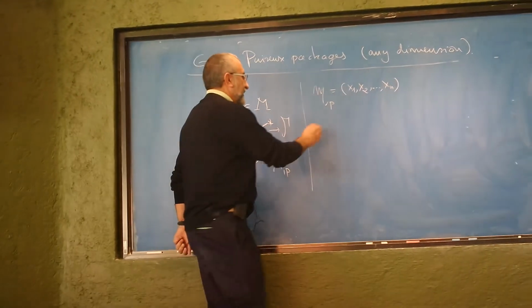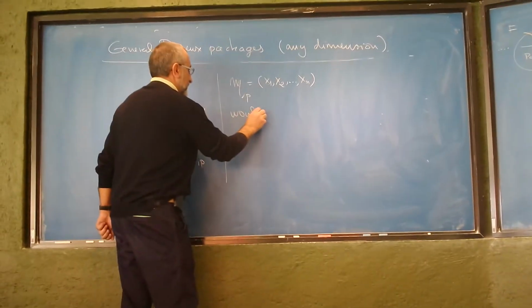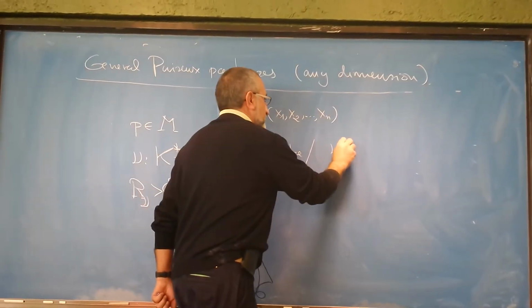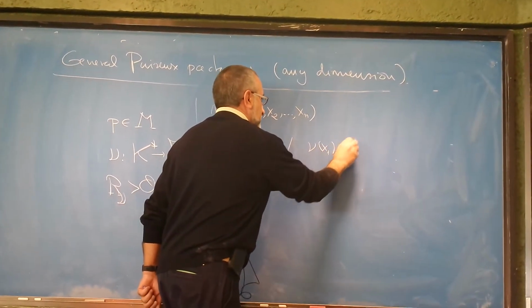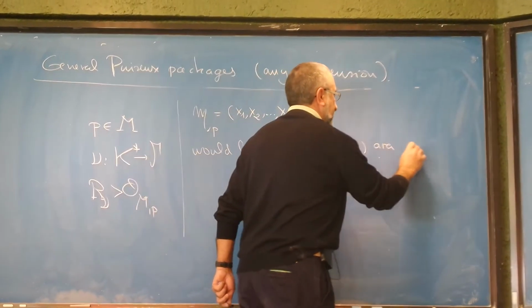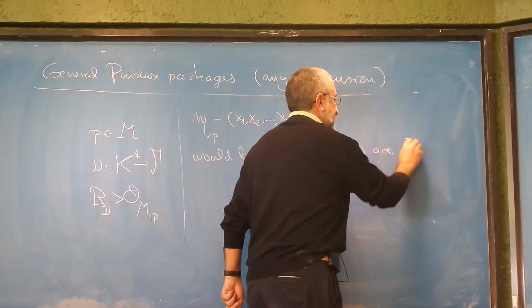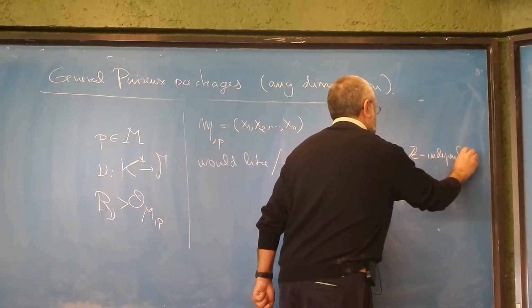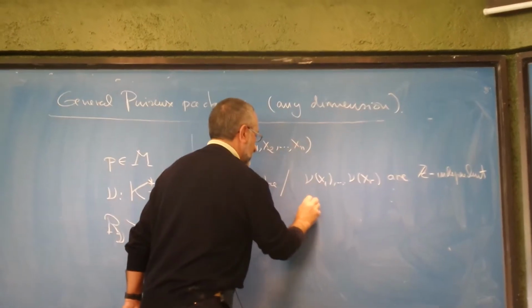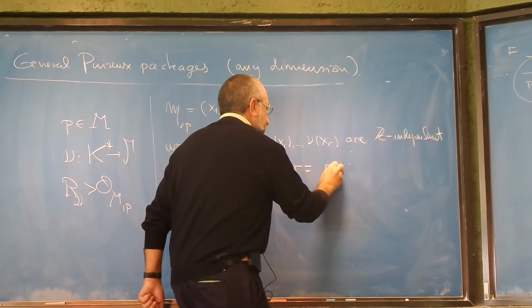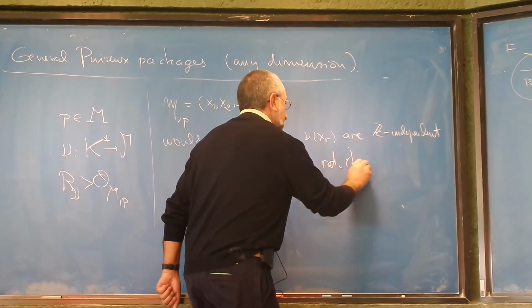Okay, so we would like that these coordinates are independent, and r is the rational rank of mu.